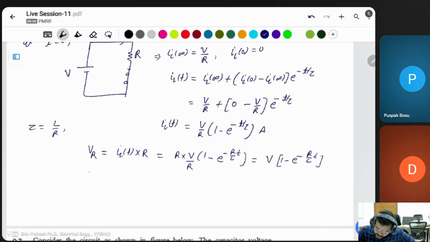And VL, the voltage across the inductor, is L di by dt.